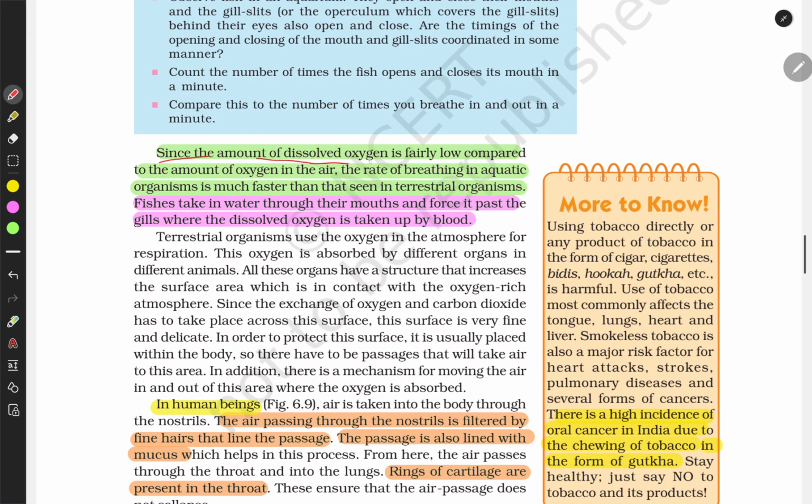Since the amount of dissolved oxygen in water is fairly low compared to the amount of oxygen in the air, the rate of breathing in aquatic organisms is much faster than that seen in terrestrial organisms.